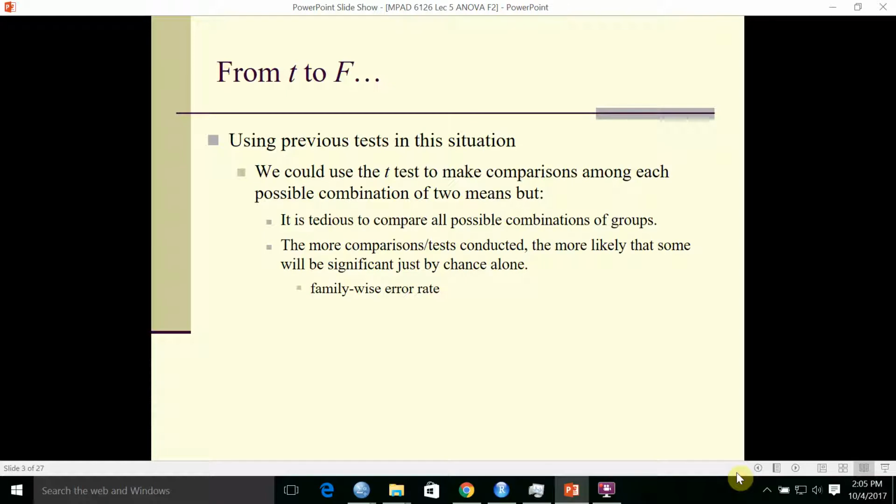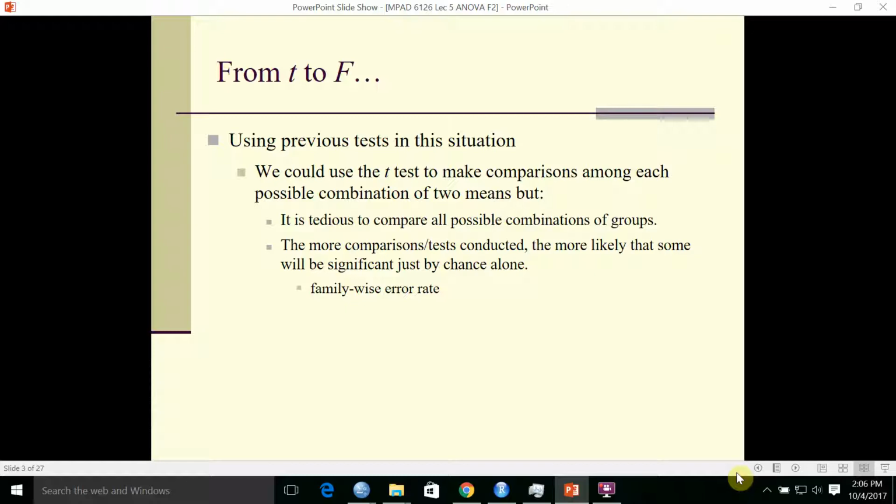Before we go on, let's talk about why we couldn't just use the T test. If we wanted to use the T test, we would have to use the T test multiple times. So in the public, private, and homeschool example, we have to compare public to private to homeschool, and then private to homeschool.